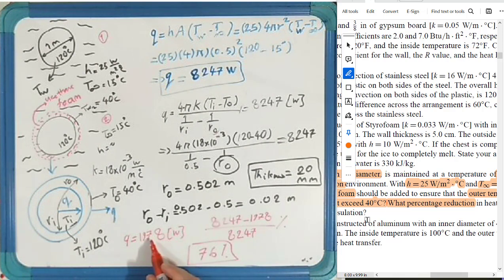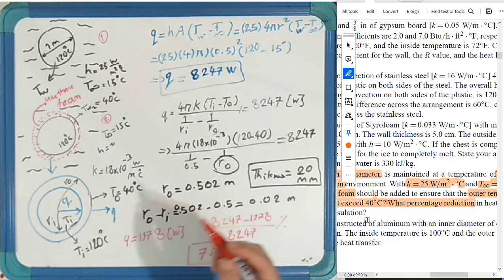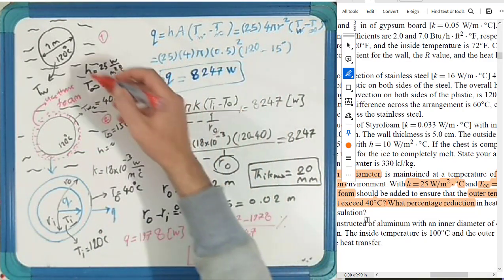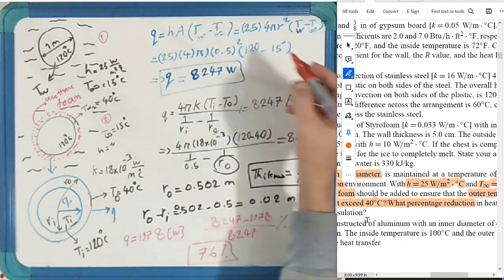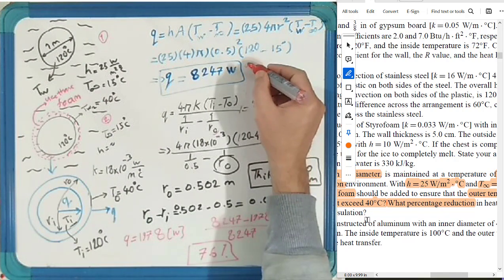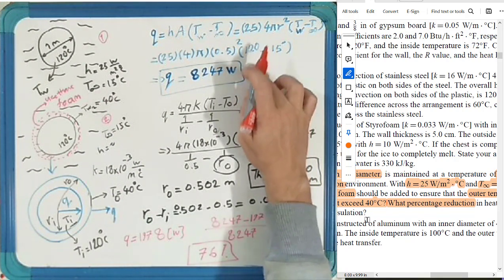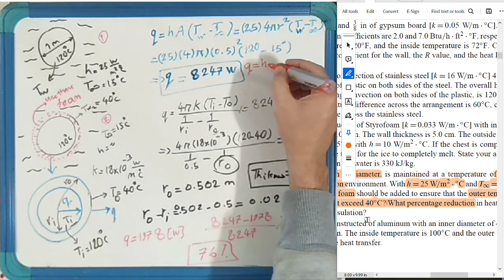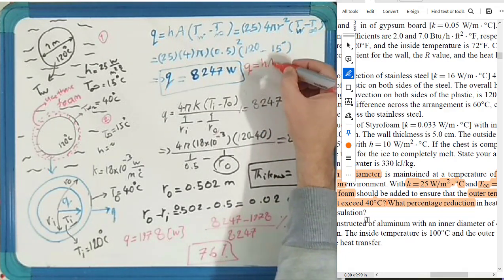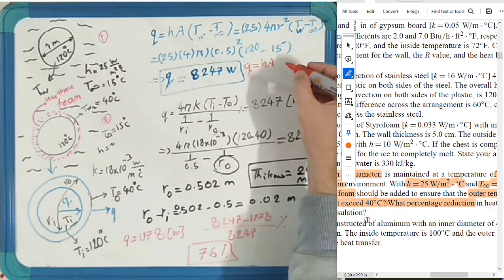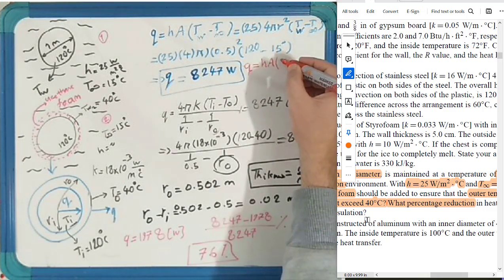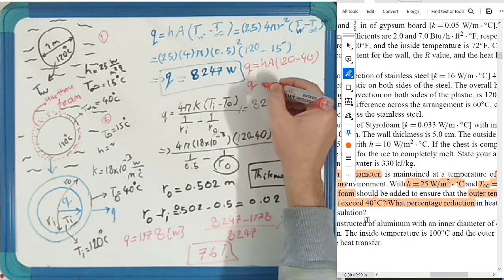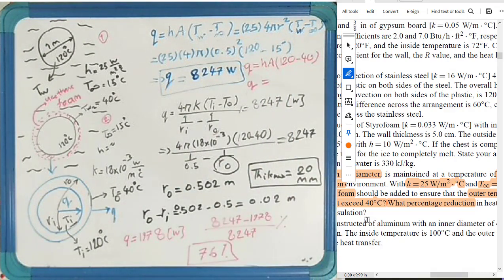To know this 1978 watts, we should assume we don't have this urethane foam, but we have a medium whose temperature is 40 degrees Celsius. So if we calculate Q, sorry, I will write it again. We calculate Q with h the same as before, A the same, but delta T is different, 120 to 40 degrees Celsius. It would be something like that.